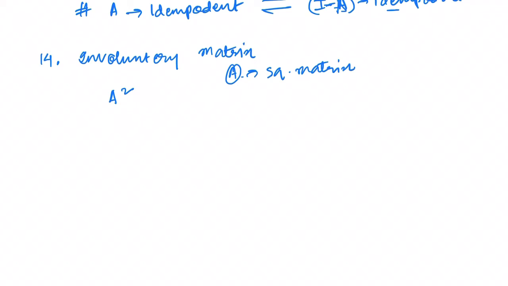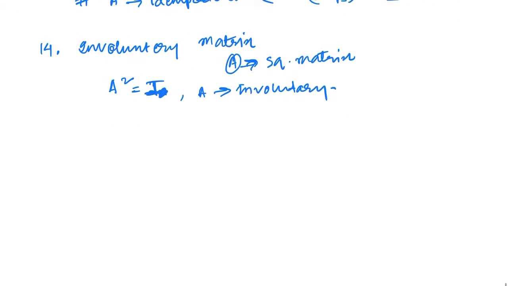If I square it, I get an identity matrix. Let's not confuse. So I get an identity matrix. Then the matrix A is involutory.